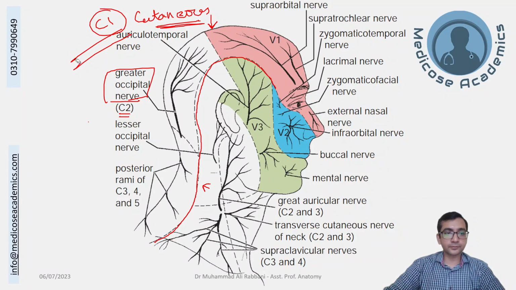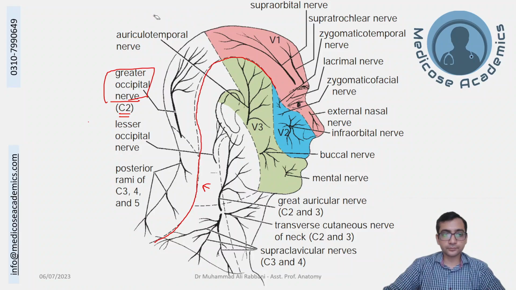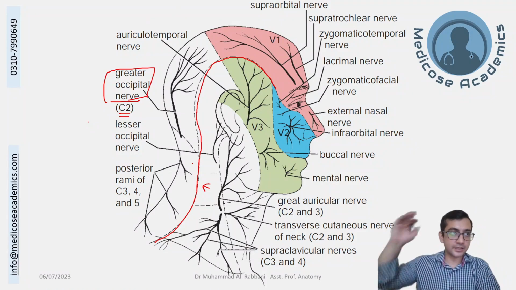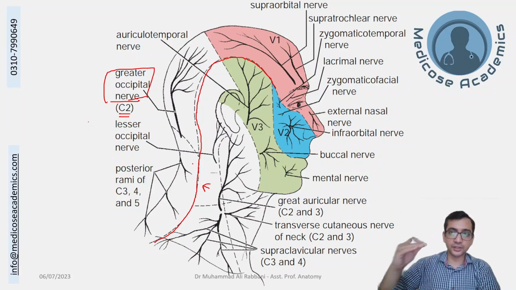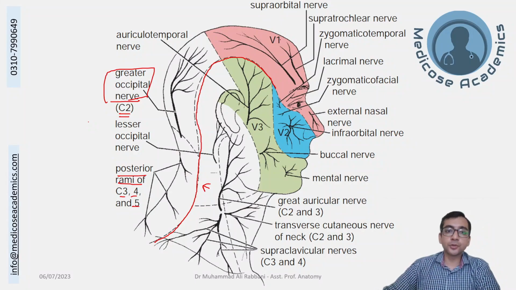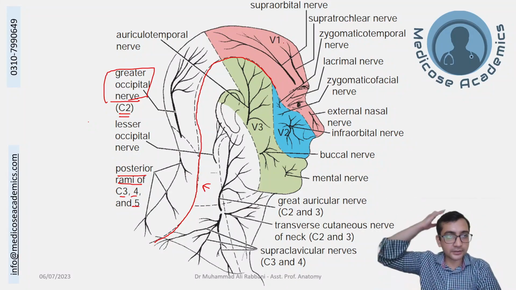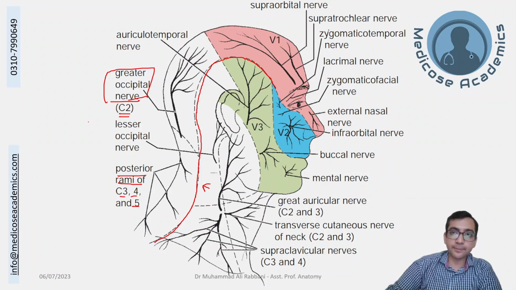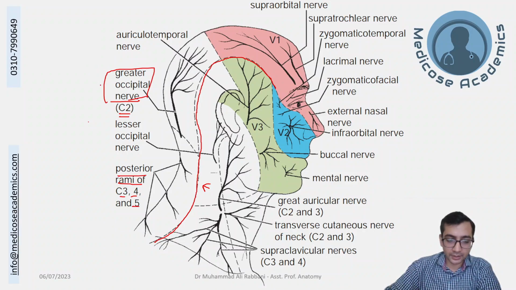So we have C1, then C2 supplying the back, and as you move down, you will have 3, 4, 5 segmentally supplying, focus on the posterior ramus. So the back half of the superior surface and back of the head is supplied by C2, known as the greater occipital nerve, and it is the posterior ramus.